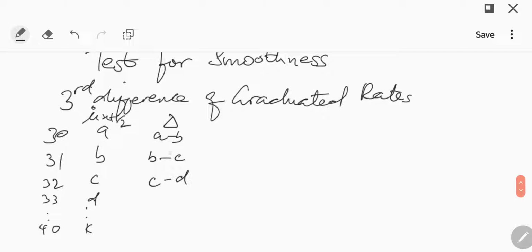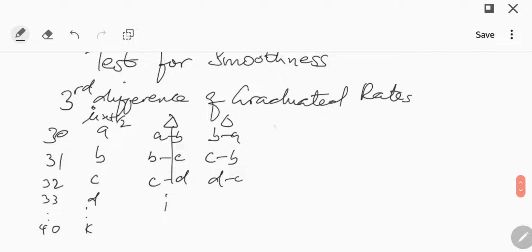Then similarly, I'm trying to get the second and the third. That is the way I'm trying to find the third differences. You can write it as B minus A, C minus B, D minus C.